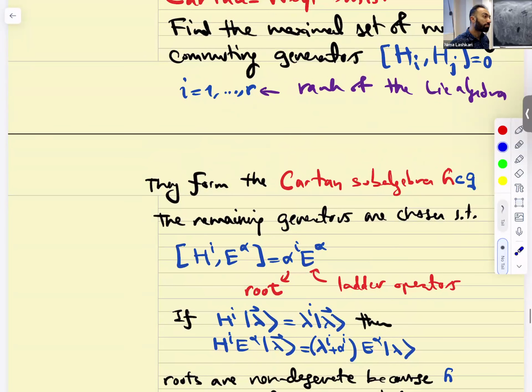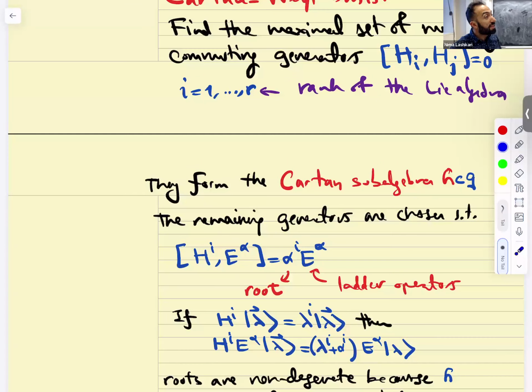Roots are non-degenerate. Why? First of all, what does non-degenerate mean? Two E alphas cannot have the same value alpha. Why? Because if they are degenerate, it means that by changing your variables, you found an E alpha that commutes with all the H i's.